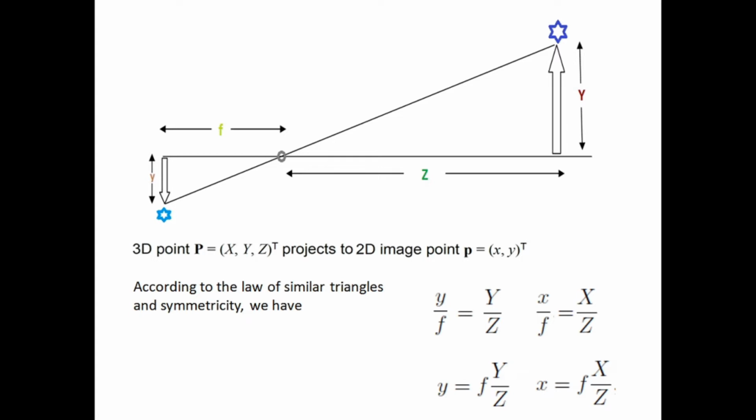So what is the actual pinhole camera concept? Let me assume that in my environment I have a 3D object. This blue star is nothing but some object in my environment, so it is associated with the coordinates x, y, z.